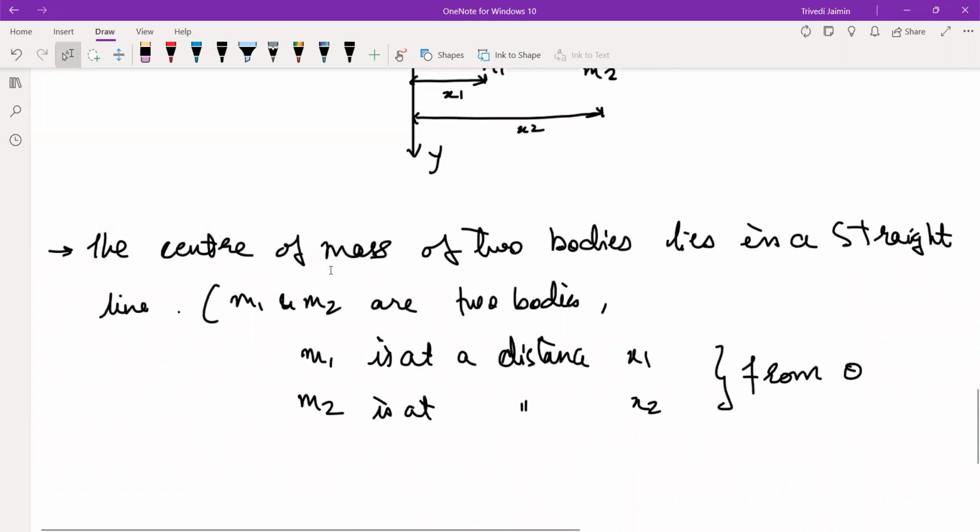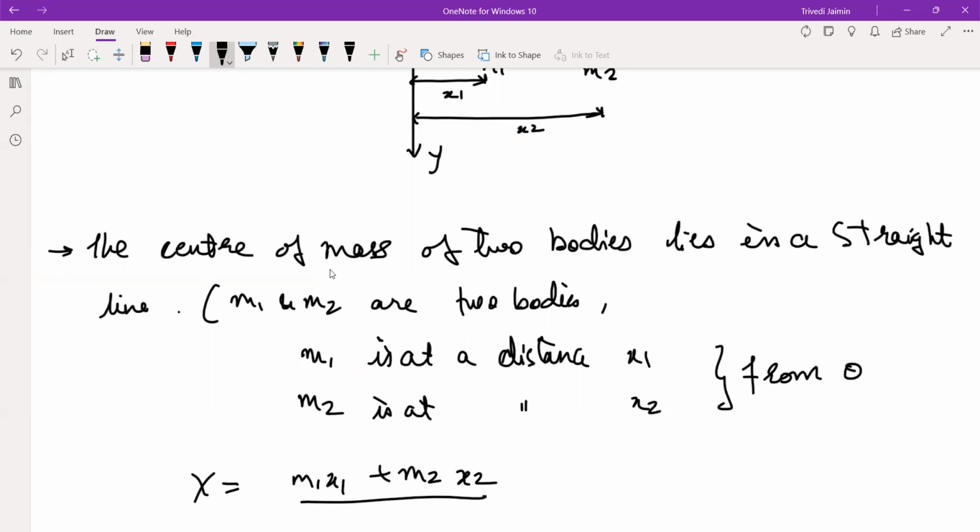You know this, right? X equals m1x1 plus m2x2 by m1 plus m2. Or we can add one more term if it is one more particle.